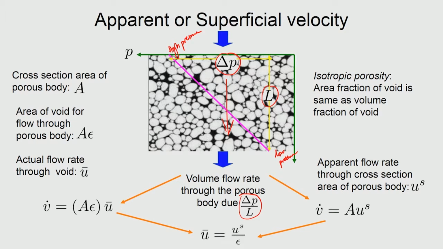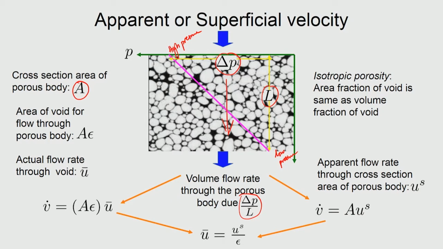Now the porous body would have a volume V, and the ratio of V and L would give you the cross sectional area of the body. So we call that A. Now this A is the area of the body, which means that it can be measured by using calipers, looking at the width and depth of the body.